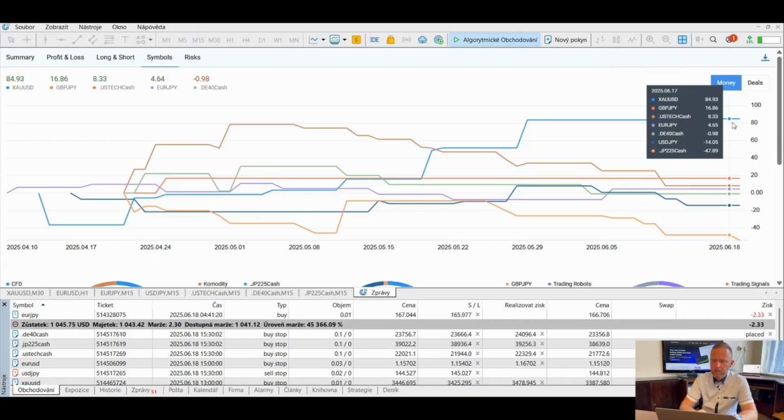The Nasdaq index up by 0.8%, the euro up by only 0.4%, and a loss of 0.01% on the DAX index. The dollar-yen pair declined by minus 1.4%, and the Nikkei index fell by minus 4.7%. So we can see the breakdown of individual symbols in the portfolio.